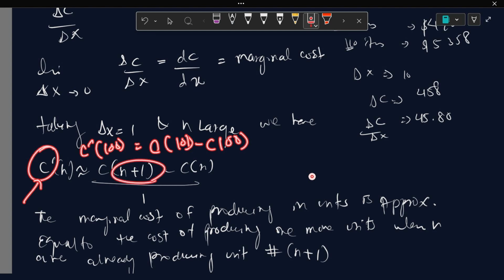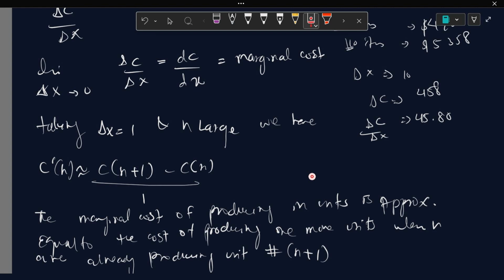Cost of 101 items minus cost of 100 items is equal to the marginal cost of producing the 101st item.